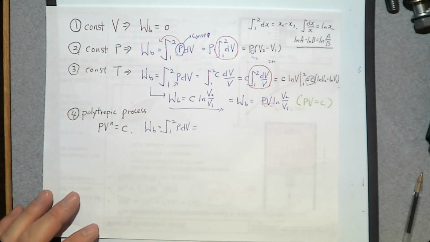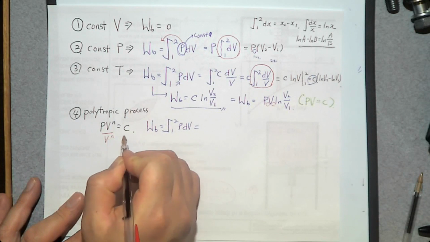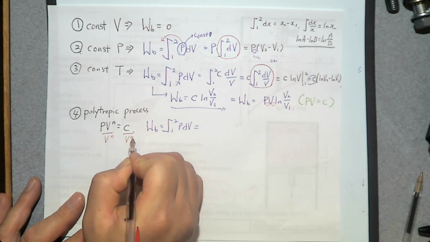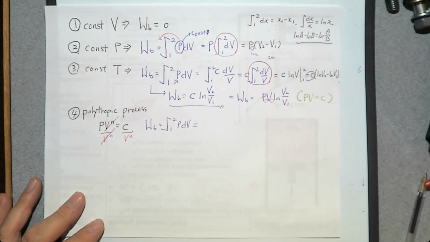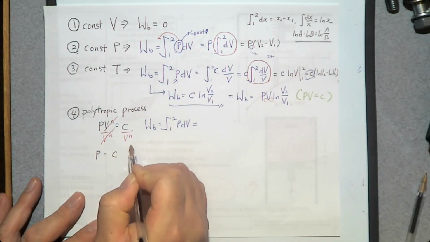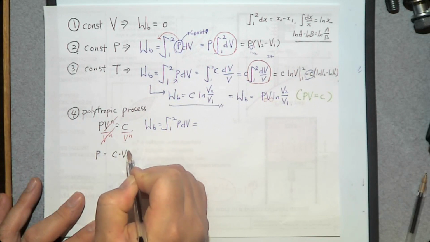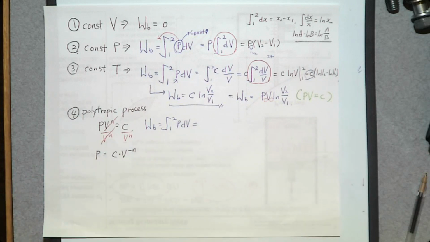How can you do that? Divide by V to the power n. Then you can cross them out. This P becomes some constant divided by V to the power n. Or you can say V to the power minus n. That's the same thing, right?